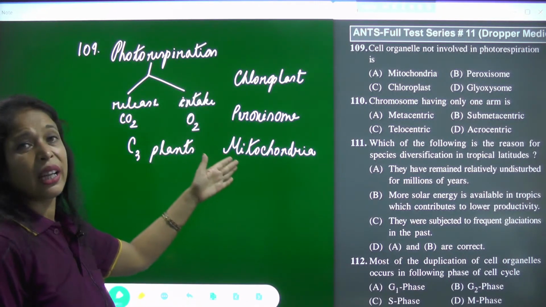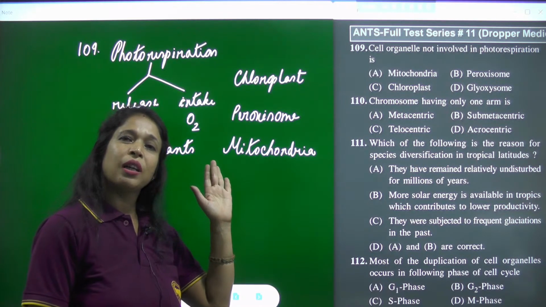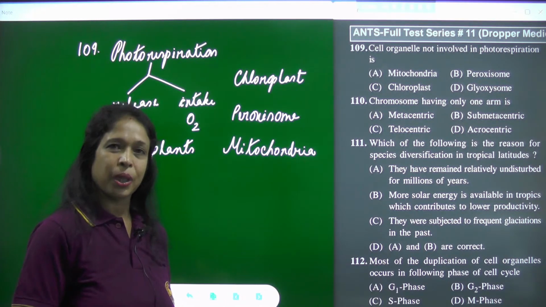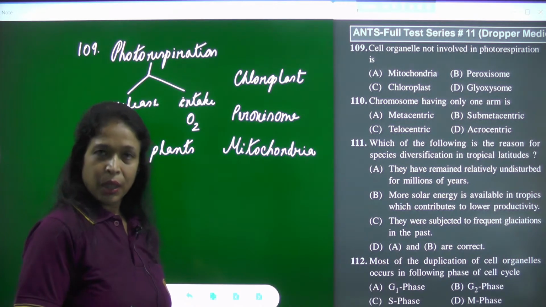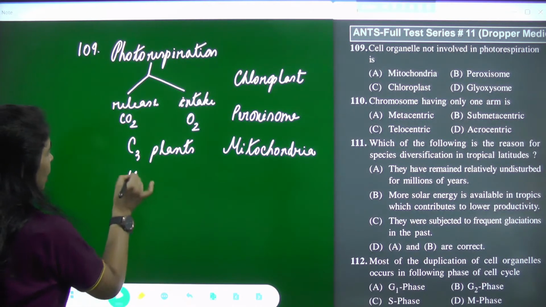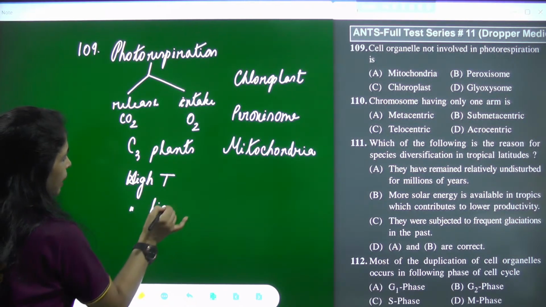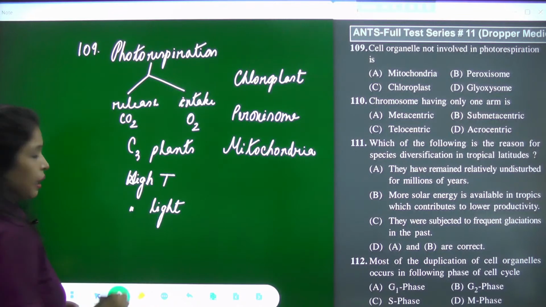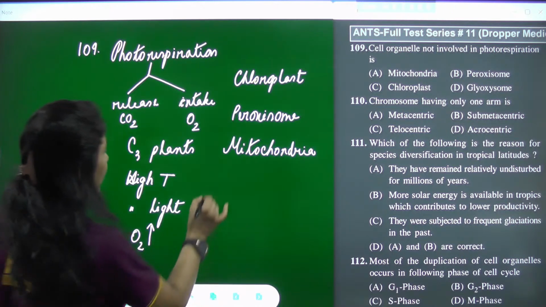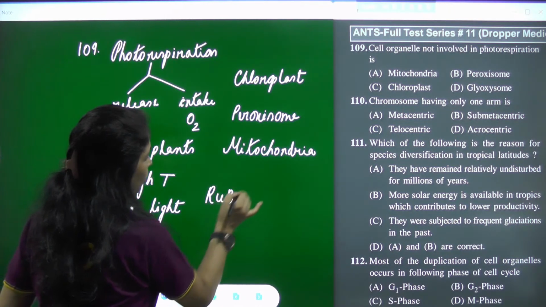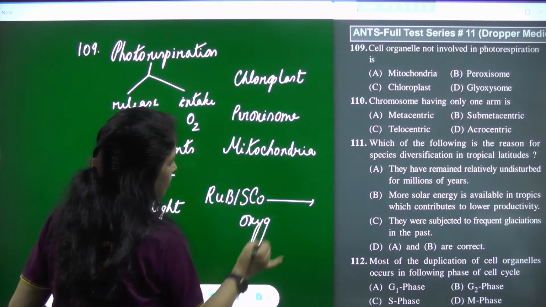So, these 3 cell organelles are involved in performing photorespiration. Photorespiration occurs only under certain special conditions like high temperature, high light intensity, and when oxygen concentration is high in the atmosphere, the enzyme Rubisco will show oxygenase activity.